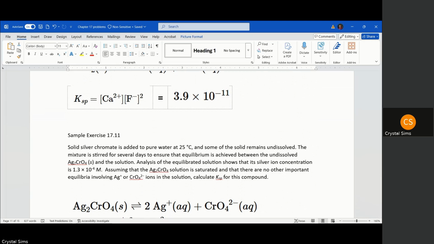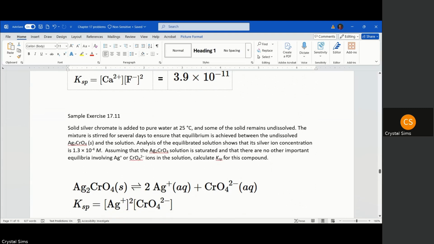So silver chromate is going to dissociate into silver ions and chromate ions. And we can see the chromate ion is CrO4 with a 2 minus charge. That means that we're going to have 2 silver ions for every 1 chromate ion.